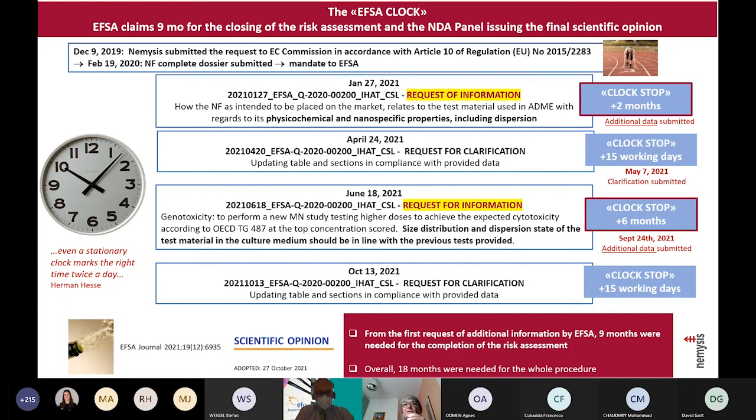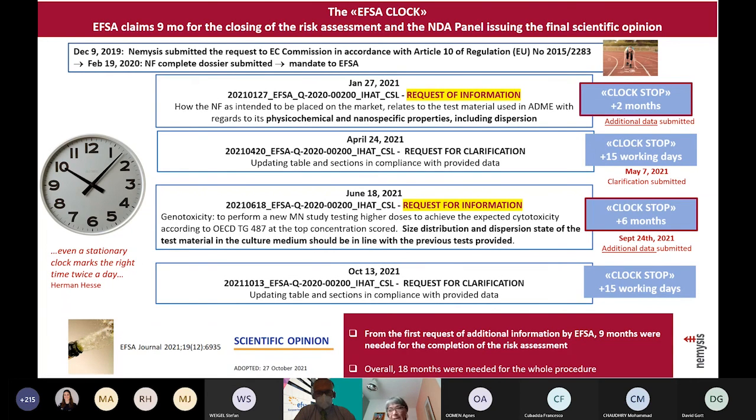And what is relevant here is to see where an applicant needs to worry somehow, I would say, because we received some clock stops along with the risk assessment. We had the first request for information, which means to provide new data that were not initially presented within the application.